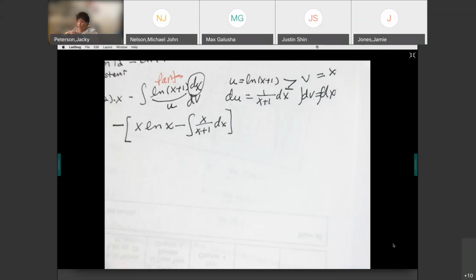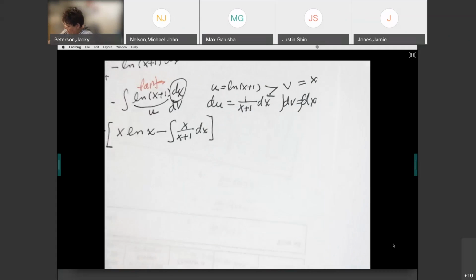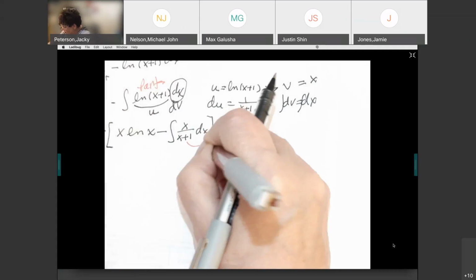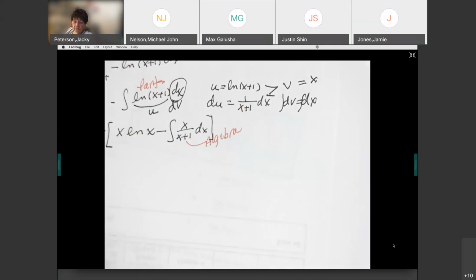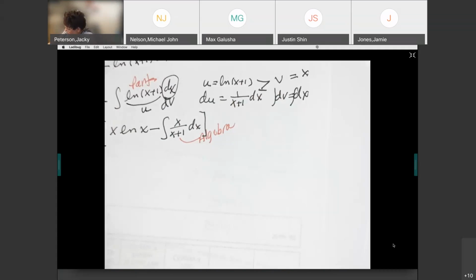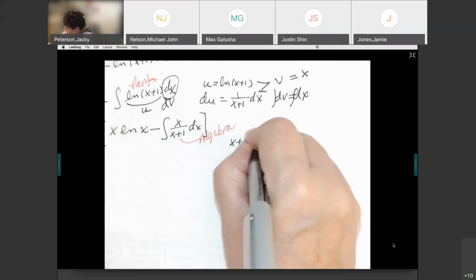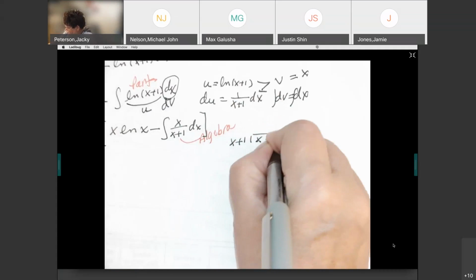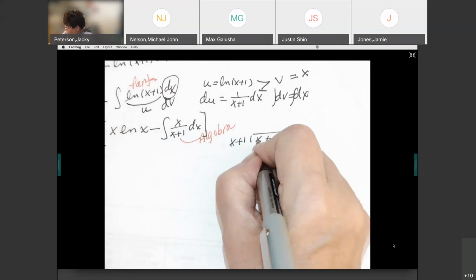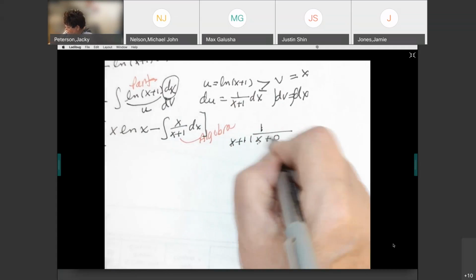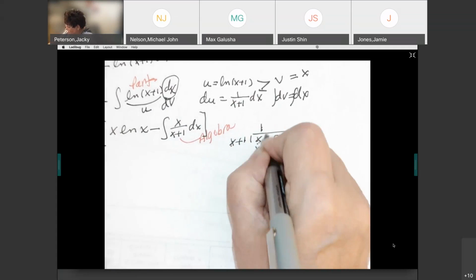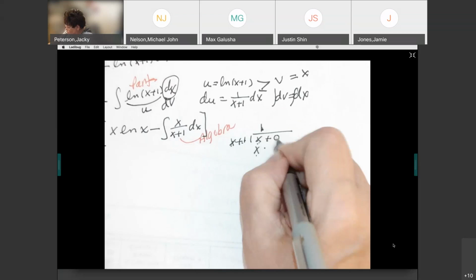So once I've convinced myself it's not a parts problem, the only thing I have left in my toolbox is algebra. So I take x plus 1, I perform the division. What do I multiply x by to get x? You get 1. 1 times x is x. 1 times 1 is 1.